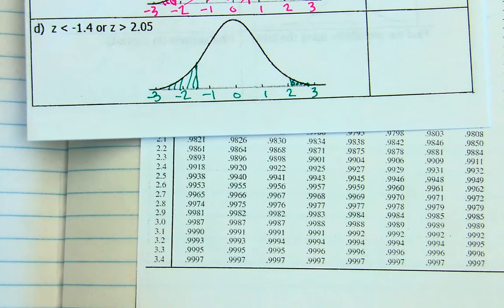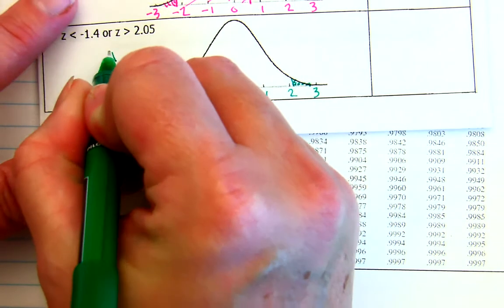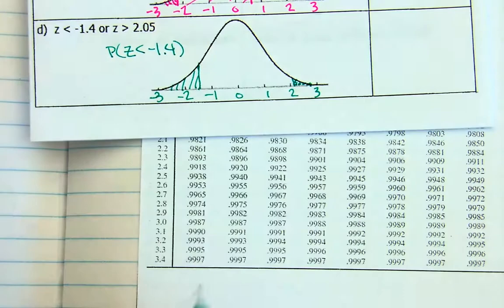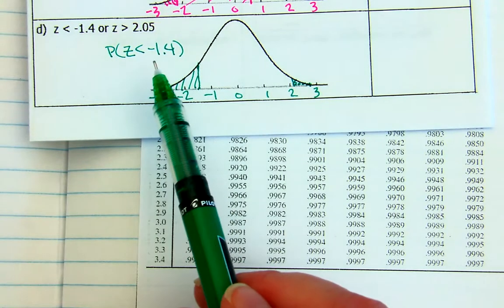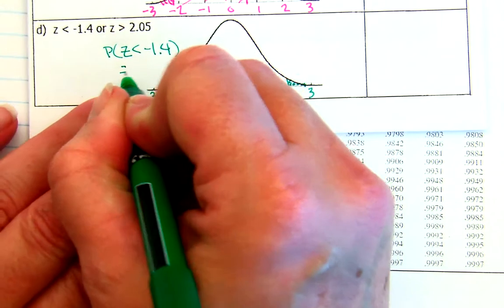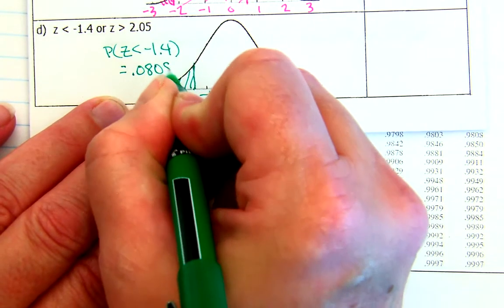So we're going to find the probability for each one and then add them together. If we want probability z is less than negative 1.4, we're just going to look on our z table at negative 1.4, and that's going to be 0.0808.